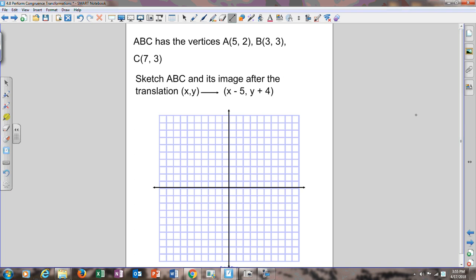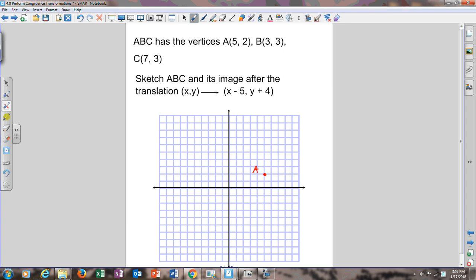Okay, I want you to try this one on your own. So pause the video, try it on your own, and then I will do it with you. So A's 5, -2. So you're going to go over 5, and up 2. B is 3, 3.